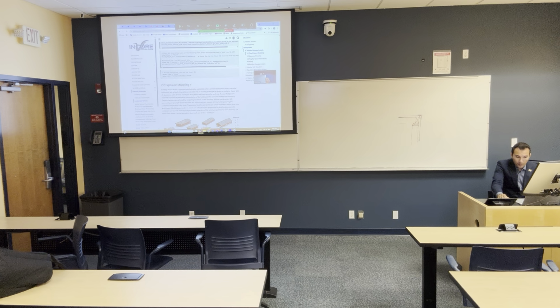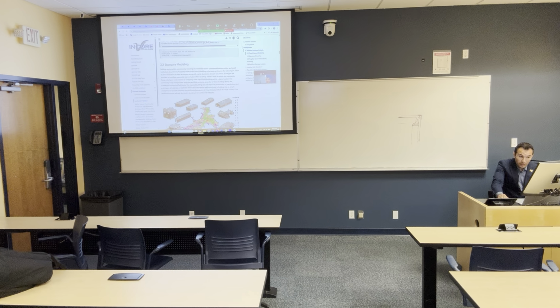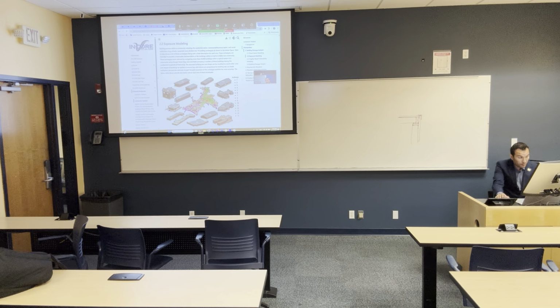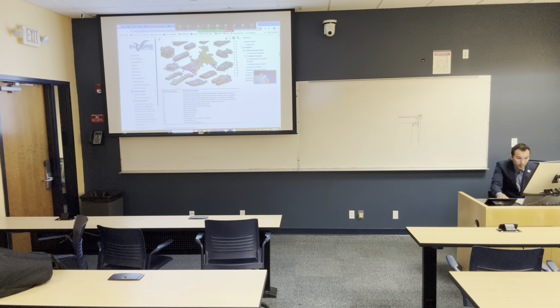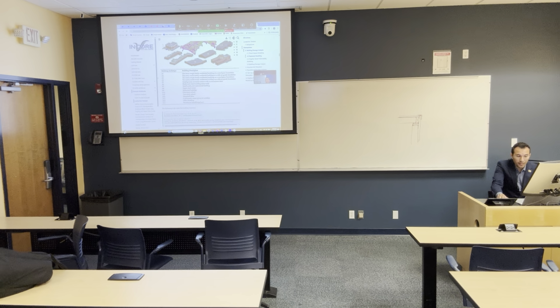For building exposure, the analysis is based on the 15 building archetypes that I showed you before. And this is the description of each archetype. These archetypes are already uploaded in the building inventory, and they have an ID. This is the ID of the Lumberton building inventory.